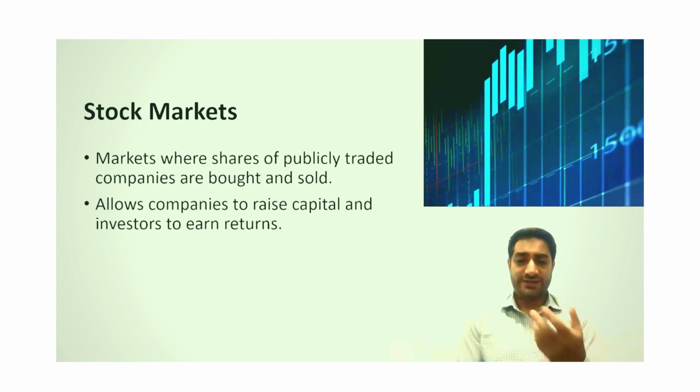And obviously for investors it gives a return. When I buy shares of ABC Limited, just an example, and I hold it for some period of time, there are two types of gains I can get. This is general: whenever you invest in the stock market, there are two types of returns you can expect. One is dividend, another is capital appreciation.